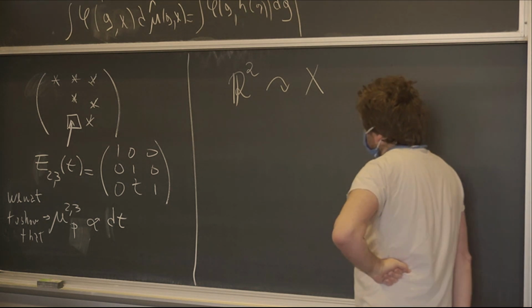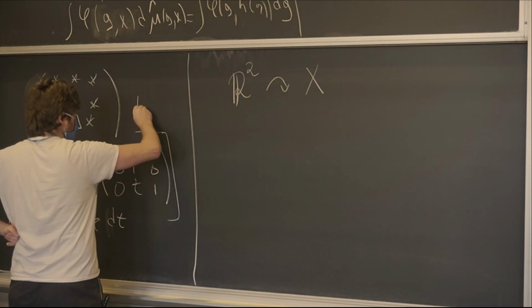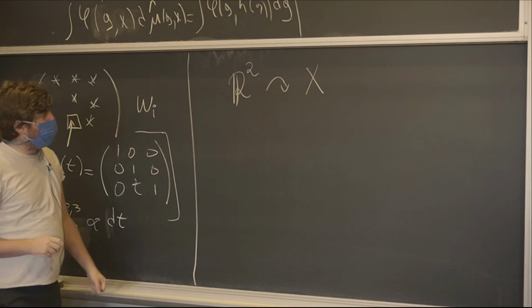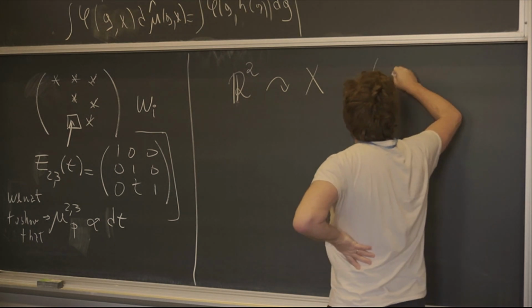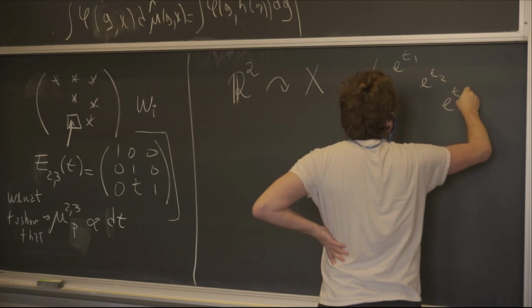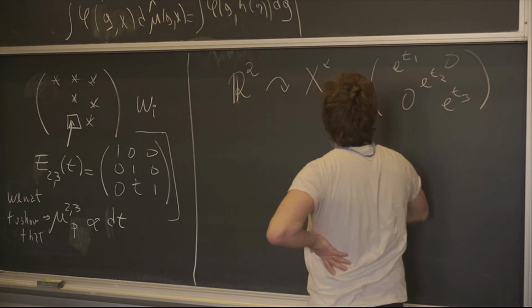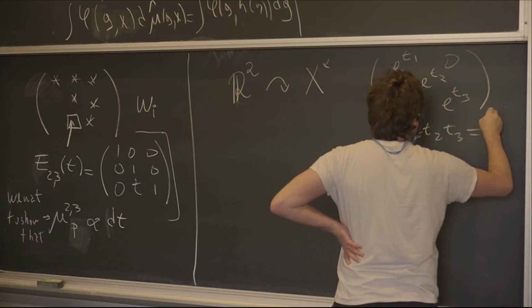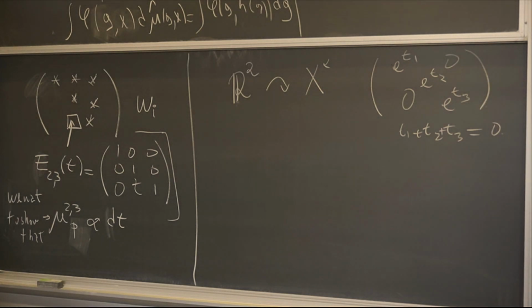My R2 action, so these guys, the orbit of these guys will be like the Wi. The R2 action, with A and B commuting, is this e to the t1, e to the t2, e to the t3, 0, 0 on x alpha, t1 plus t2 plus t3 equals 0. I have this action here.